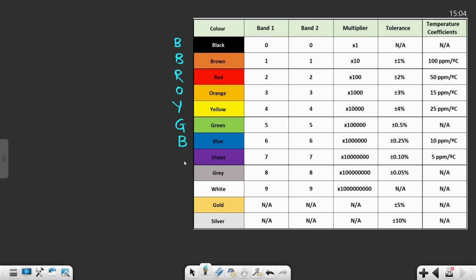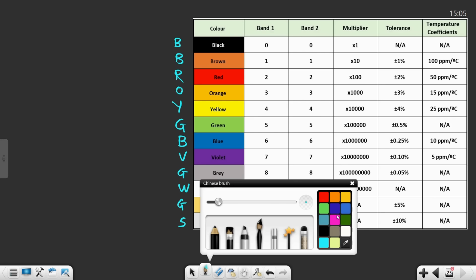Great Britain has a very good wife. And what do wives generally wear? They wear ornaments made of gold and silver. It's pretty simple. BB Roy of Great Britain had a very good wife, or a very great wife, whatever you want to call her, wearing gold and silver.